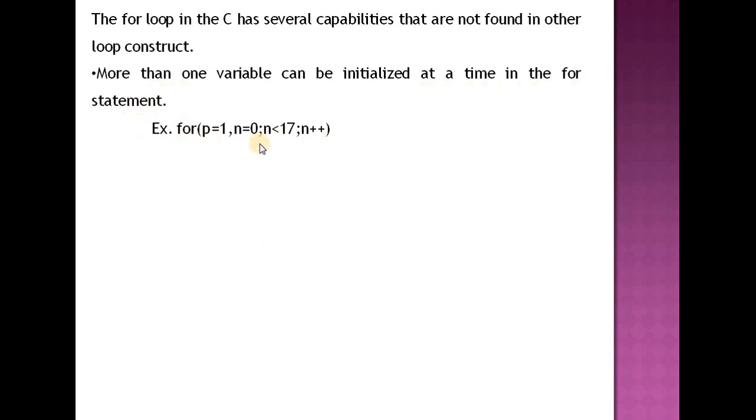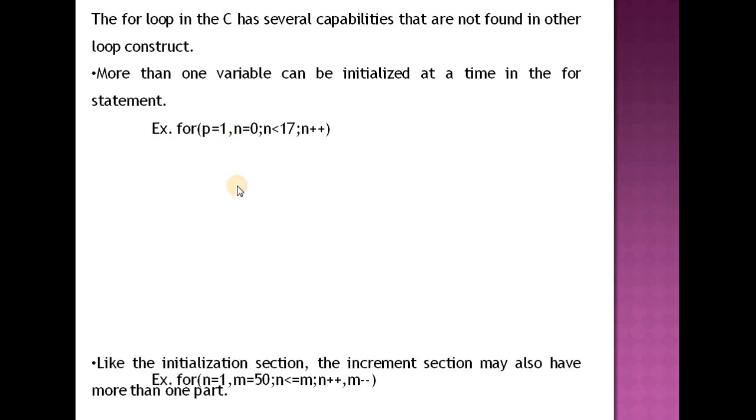So you can see in this example we have initialized two variables at the same place of initialization separated with a comma. P is equal to 1, comma, n is equal to 1 and then semicolon. So in for looping statement we can do two initializations in the initialization statement. So this is the first feature of for loop.